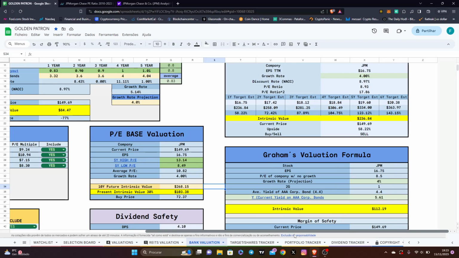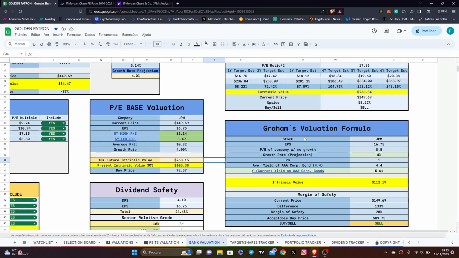And now for the last one, we have Graham's valuation. He was actually one of the most famous investors of all times, and his formula is very interesting. We don't have to do much. Everything automatically fills in. The only thing that we need to make sure is that the growth rate is correct and the current yield on triple A corporate bonds is correct.